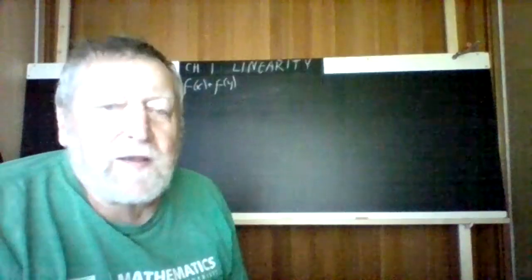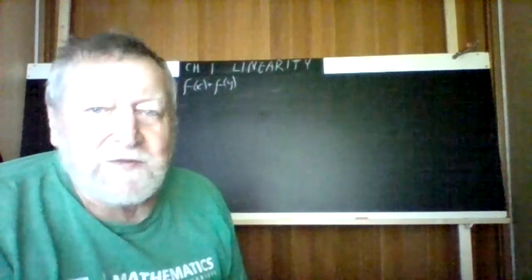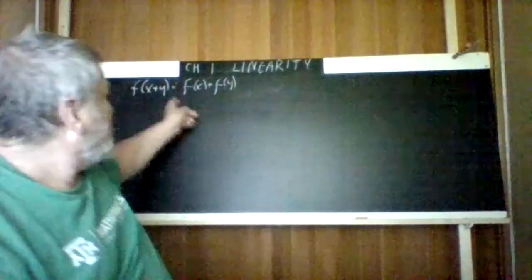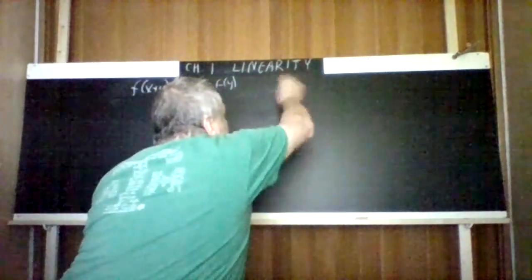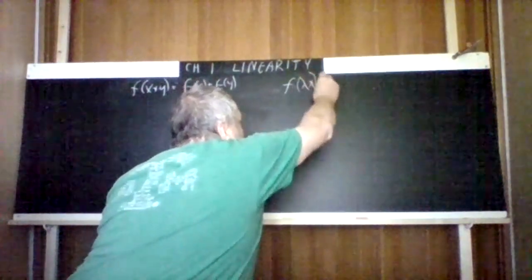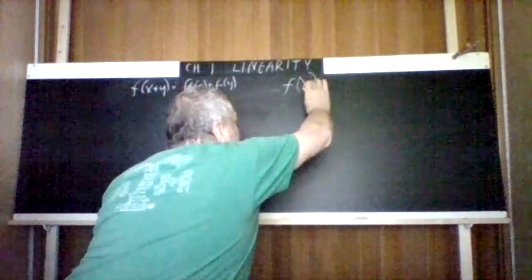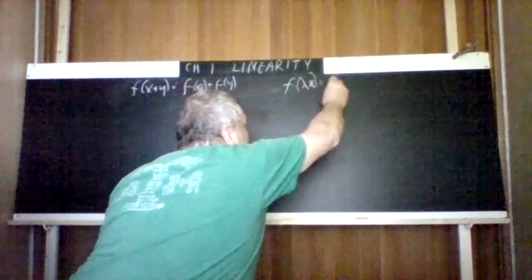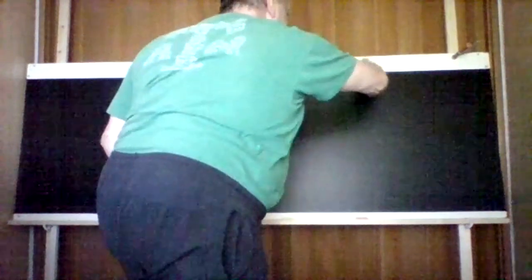Sure. And so you were faced with these two things, this equation here, and the other equation, which was f of some lambda x is lambda f of x for all x in this vector space.